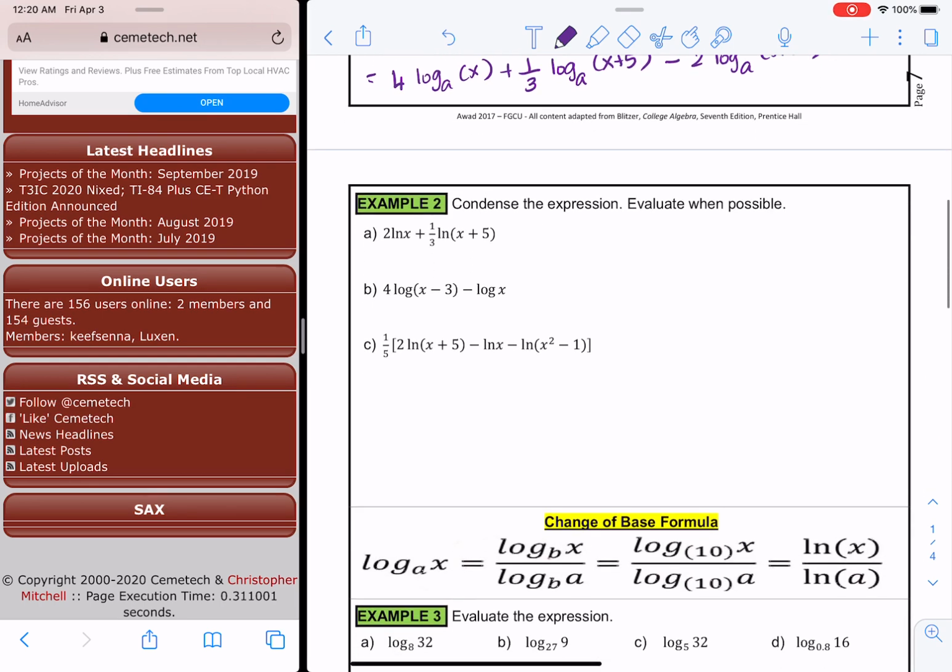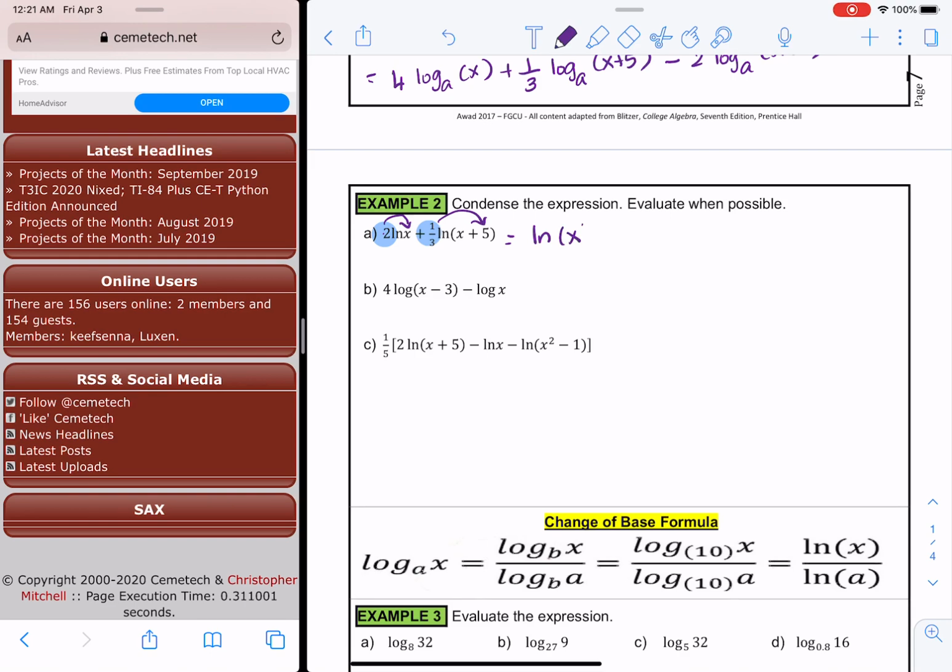In example 2, we want to condense the expressions. In other words, we have to combine. Keep in mind, we can only combine using the sum to product version of the log if those two numbers, 2 and 1/3, were not in the front. So we're just going to move them back inside the log.